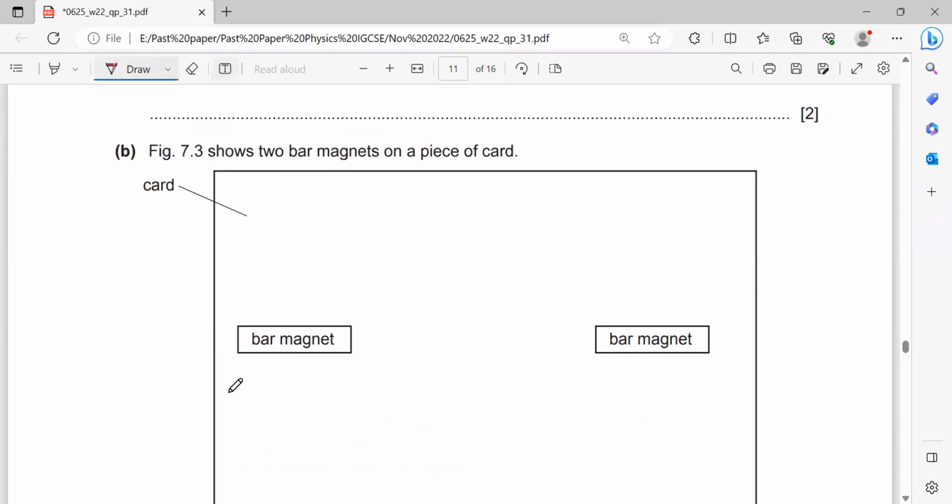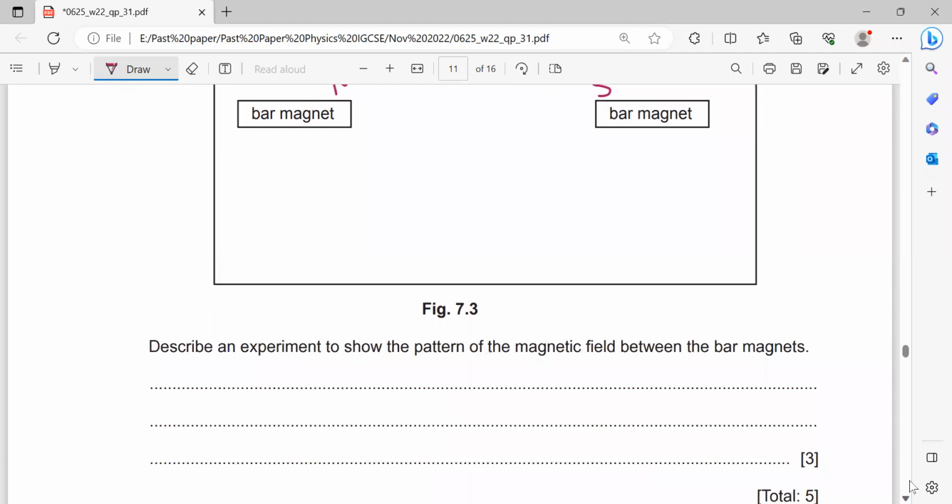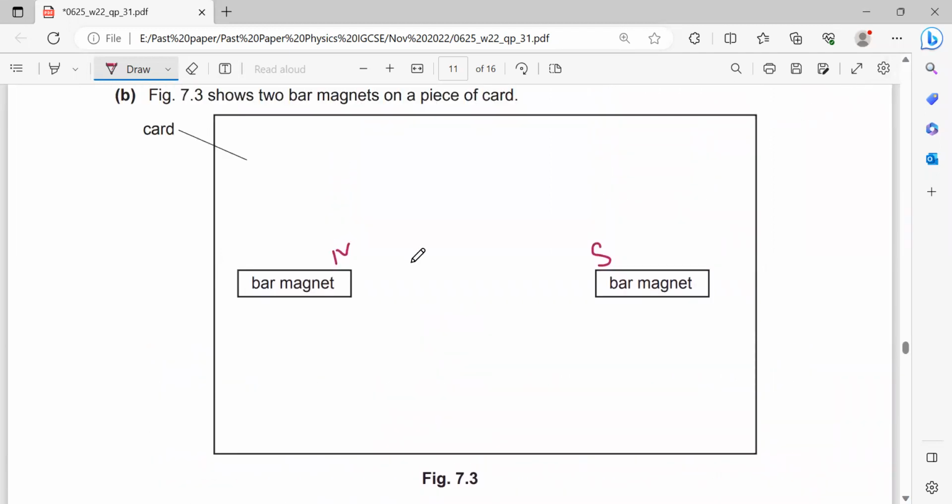If these are two magnets, and for example this is the north pole and this bar magnet's end is the south pole, I'm going to draw the magnetic field direction like this.